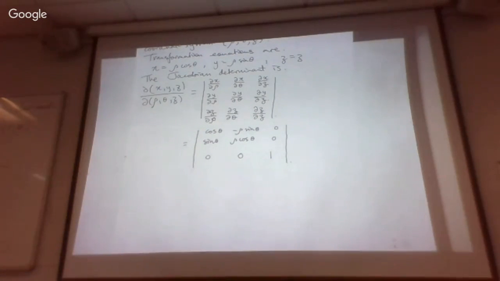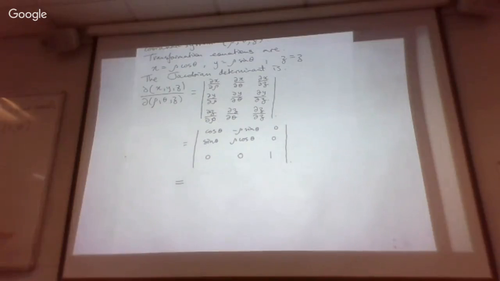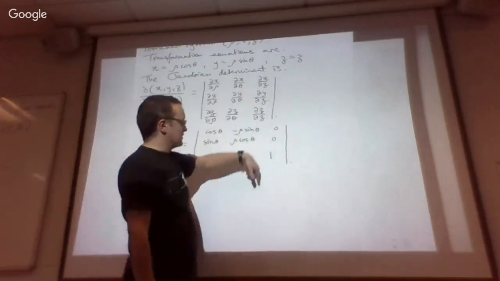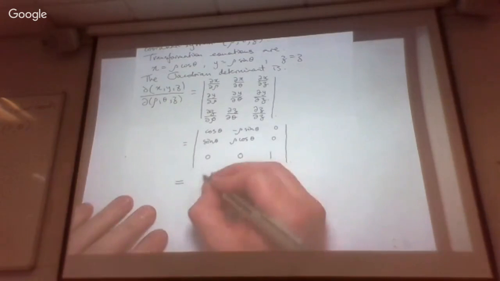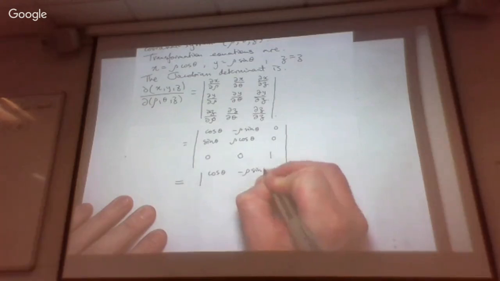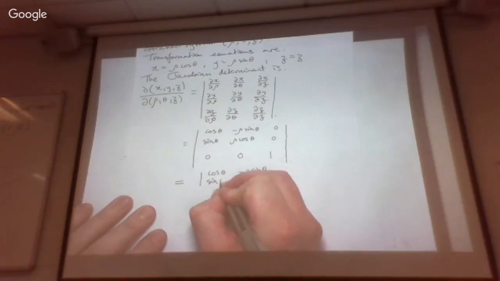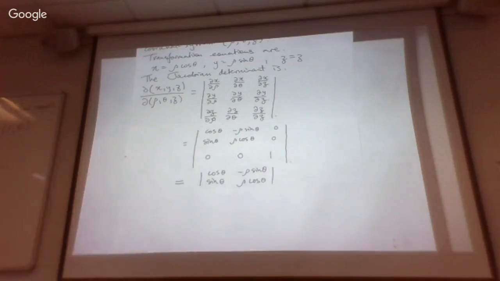So suddenly this determinant looks a lot better than it might have been. Of course there's a one, so you should expand it along the third row or third column. Basically it's equal to the determinant in the upper left. That's what you get when you expand it along the third row.